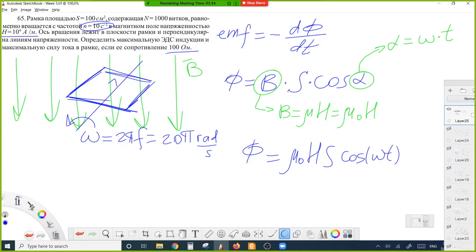Okay, and we found the magnetic flux through our loop, and the electric motive force will be equal to minus dΦ over dt.